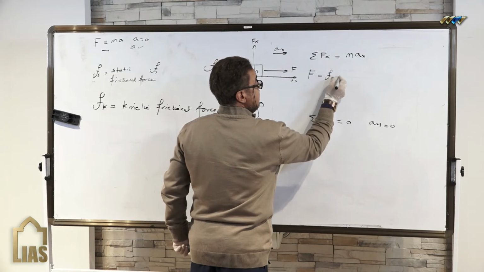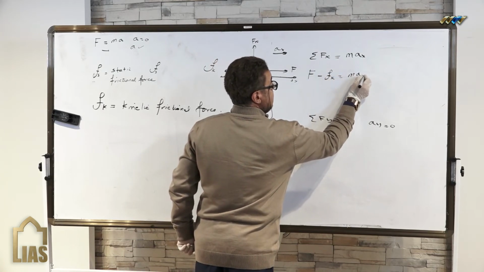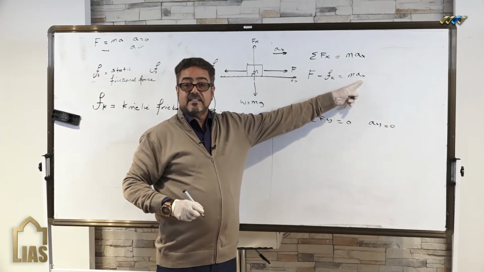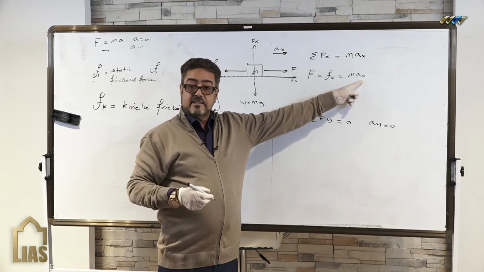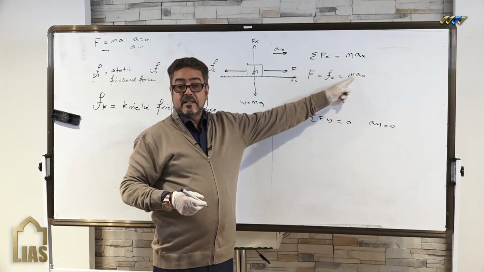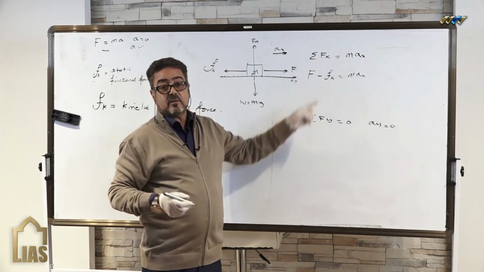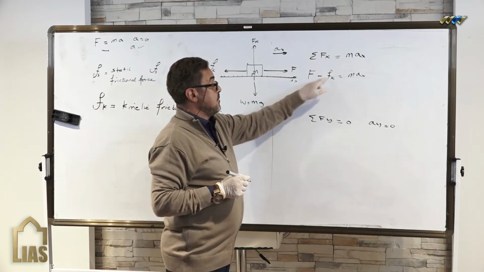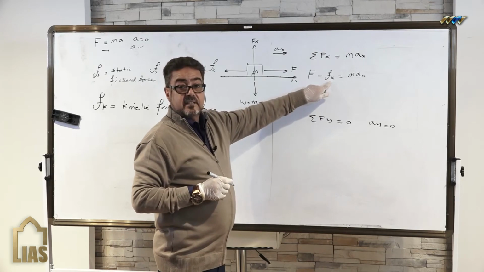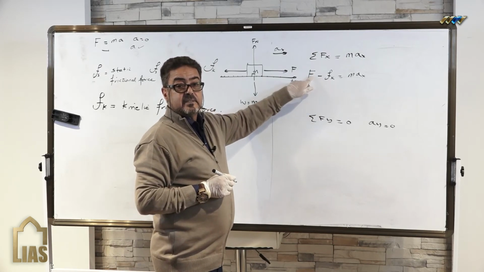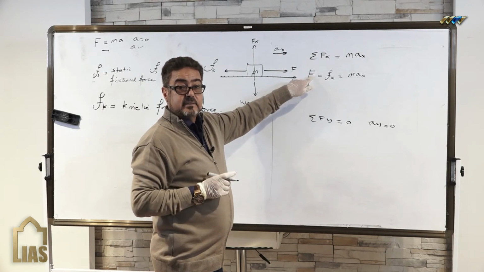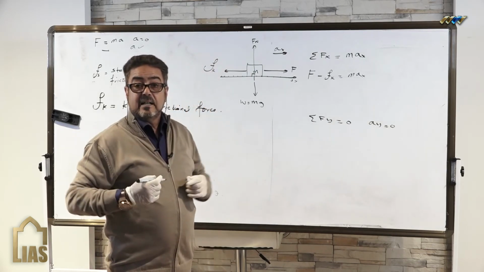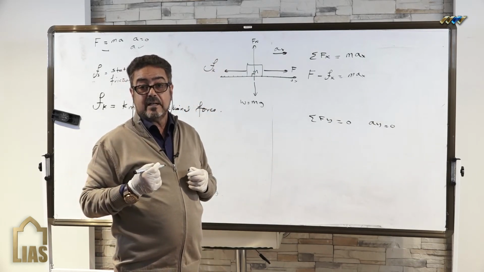F minus Fk is equal to max. Actually, we'll give you the acceleration which the body is moving with, and the mass, of course, the force or whatever. In this case here, we say the frictional force reduced the force by an amount, and we'll see how to calculate the frictional force.